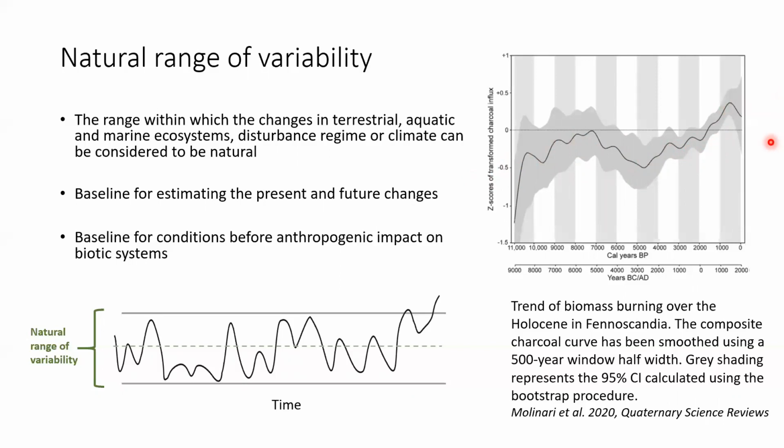And this increase is often related to the human impact, also the increase of population, the starting of farming, and more human impact on the landscape. So here we can see that maybe this is a bit out of the variability that happened during the Holocene, but this is just one example.